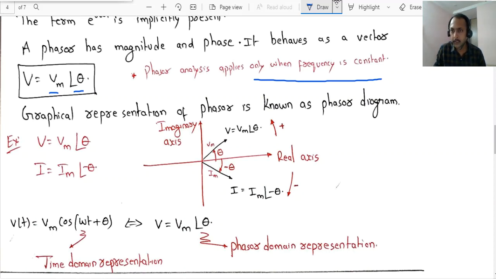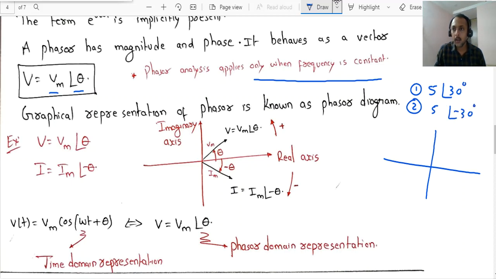You just simply take two axes. Understand, if it is 5 at an angle 30 degrees in the first case, and in the second case 5 at an angle minus 30 degrees.